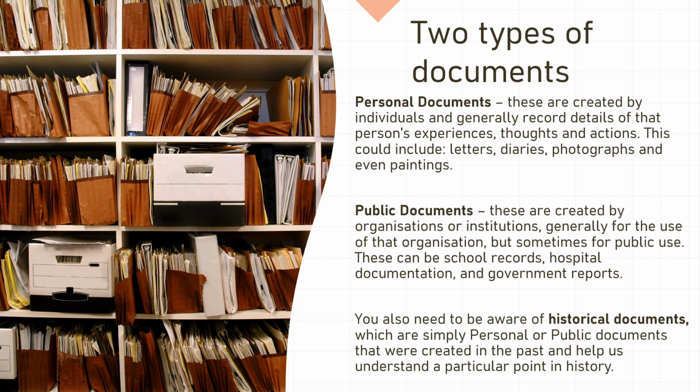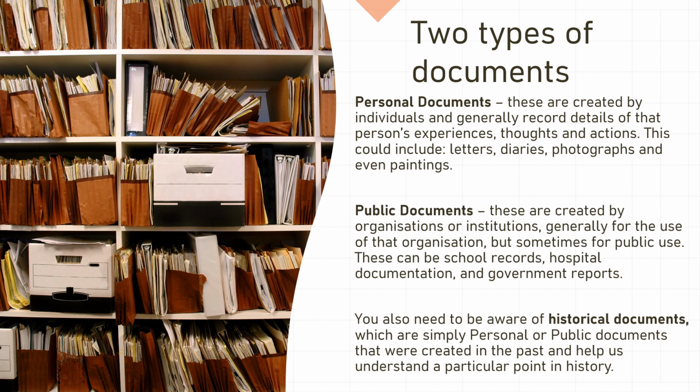So what they're thinking, what happened, what they did. Common examples would be letters, or diaries in particular are a good one, but it can be lots of different things as well, including photographs or paintings. But the idea that they're created for personal use, usually by individuals, that's a personal document.